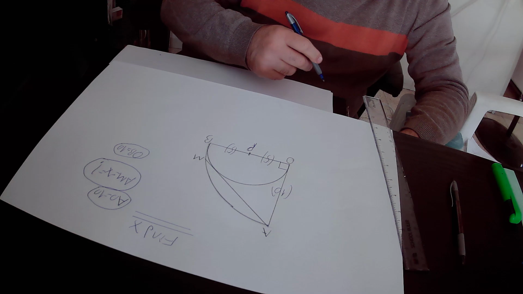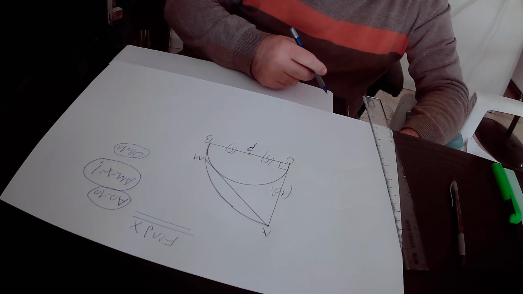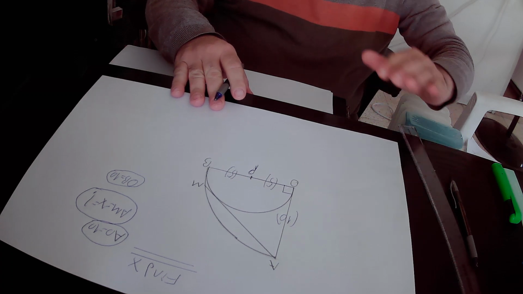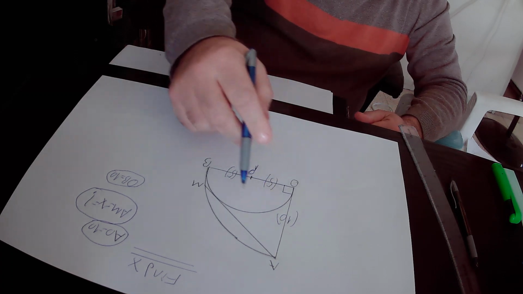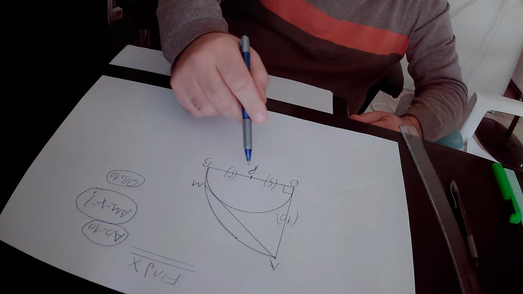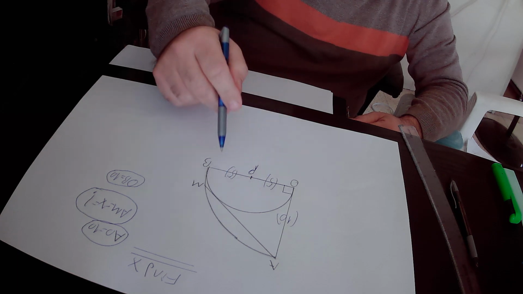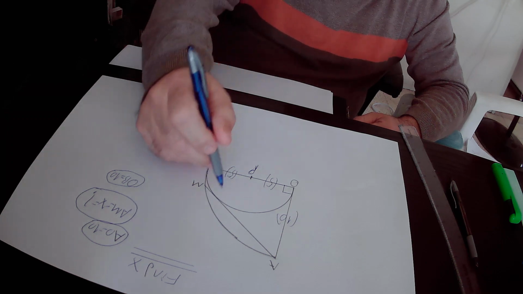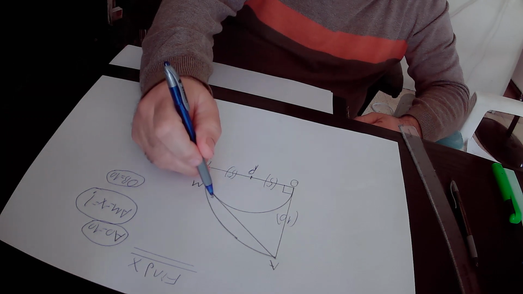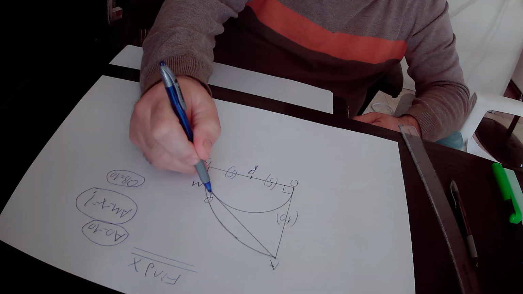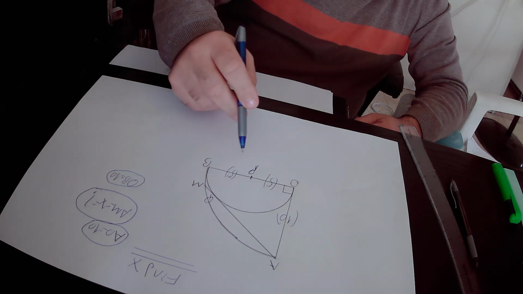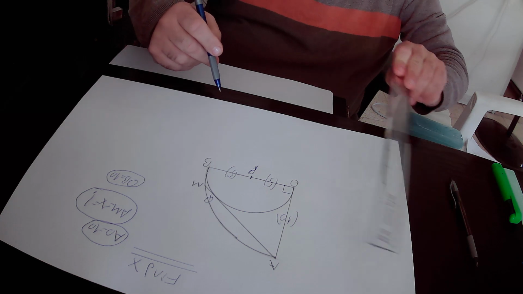We define the point of tangency of tangent AM with this semicircle as Q. And we join points P and Q together by a straight line.